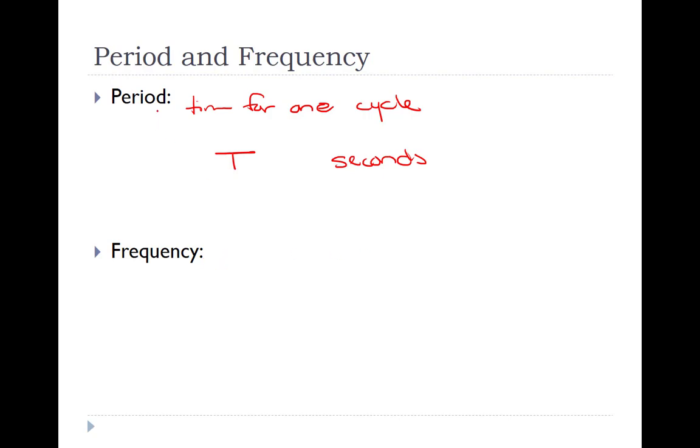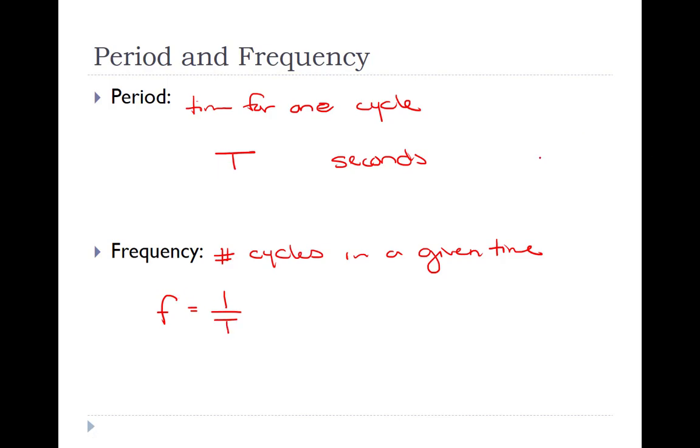Frequency is very much related to period. Instead of it being the time for one cycle, it is a measure of the number of cycles in a given time. And you might be picking up on this, but it turns out frequency, which is f, is the inverse of the period.